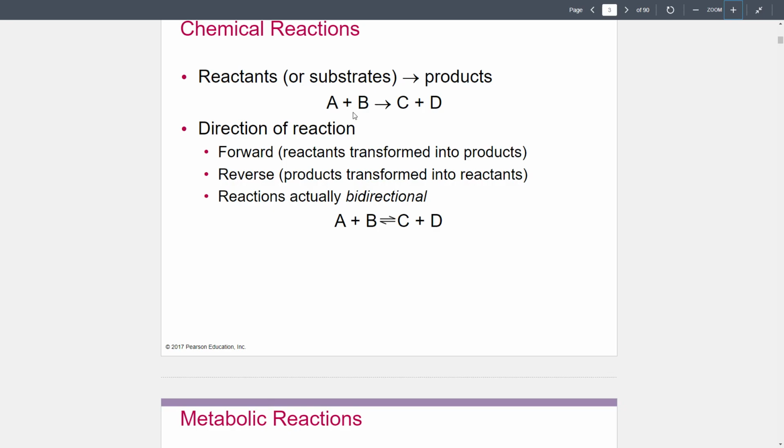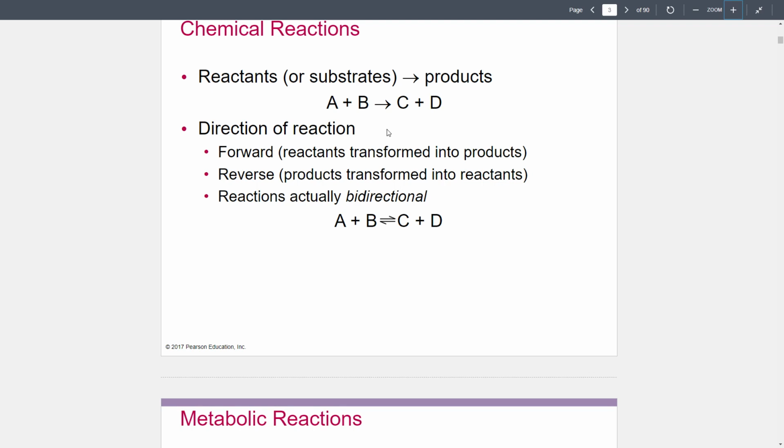So you'll see stuff like A plus B becomes C plus D. The arrow indicates the direction that the change is occurring in. So an arrow pointing towards the right means reactants are transformed into products. If the arrow is pointing towards the left, it means products are transformed into reactants.